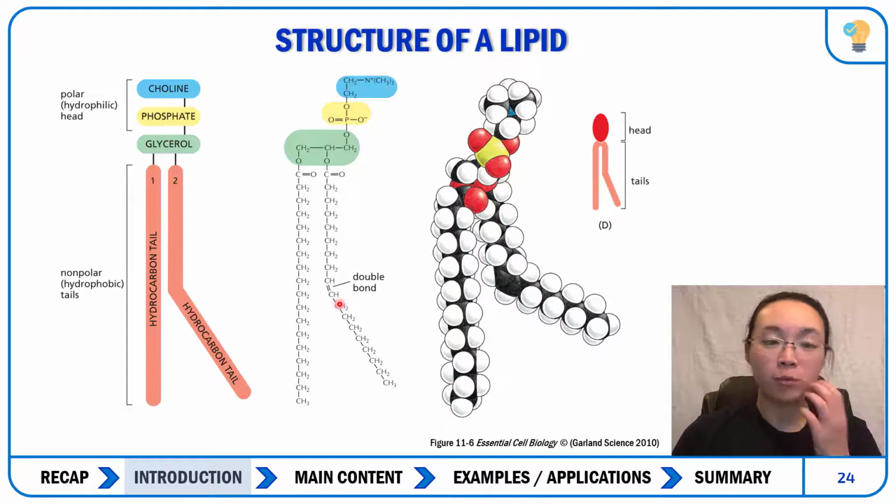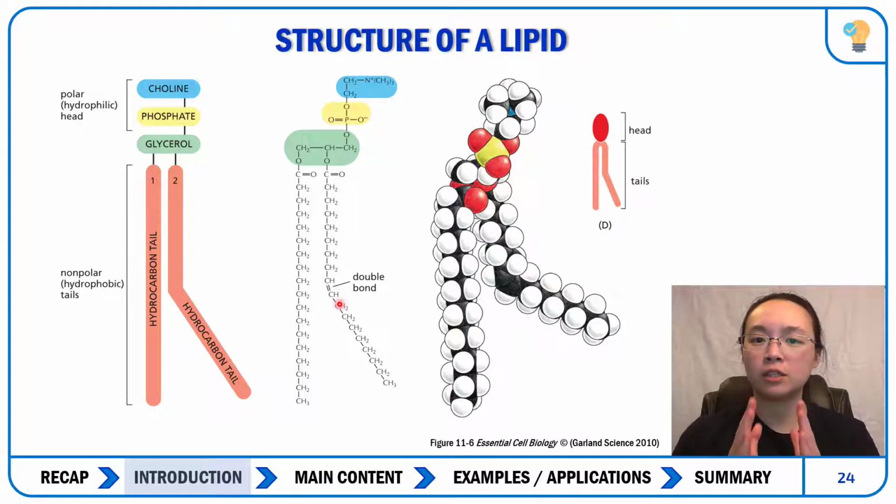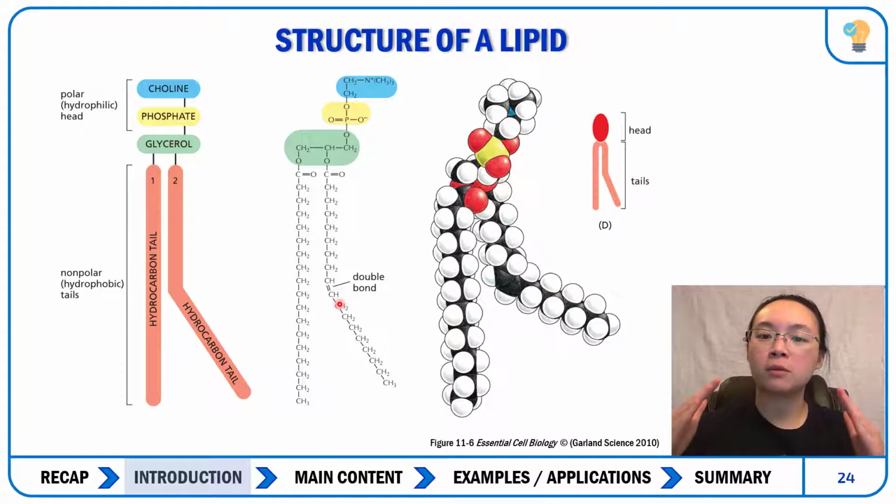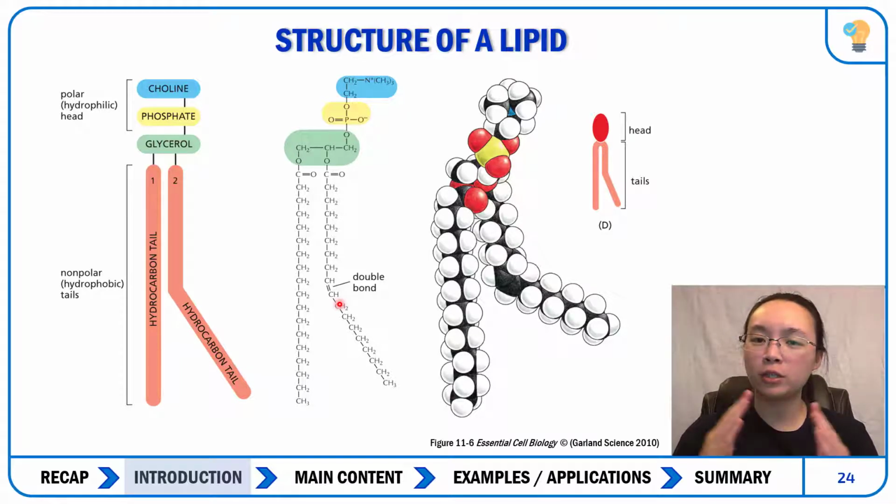You don't just have to have one kink, you can have multiple kinks, which is going to change the shape of your lipid. But the more kinks you have, it's going to spread your tails farther apart. So the farther apart your tails are spread, what happens to your lipid in that case? If you have a whole bunch of lipids that are lined up in one row and all of their tails are spread very far apart, it means that it's going to expand the monolayer that you have.